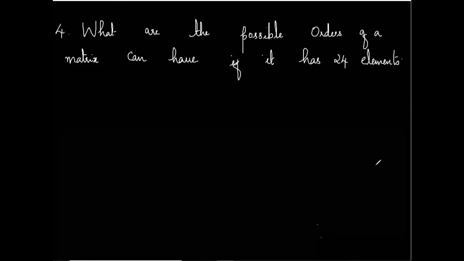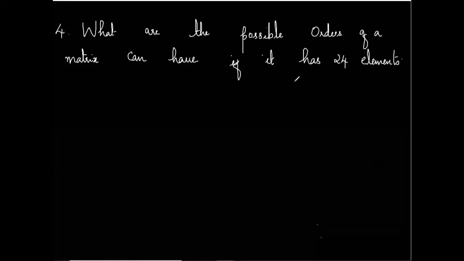What are the possible orders a matrix can have if it has 24 elements? So here we have to find all the possible ordered pairs of natural numbers whose product comes as 24.